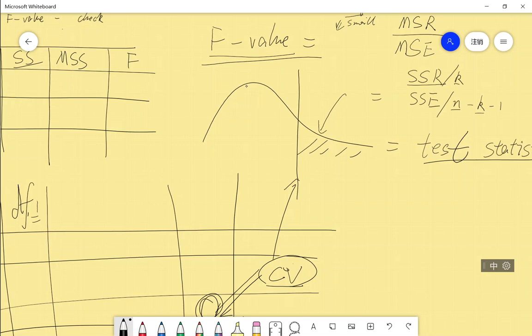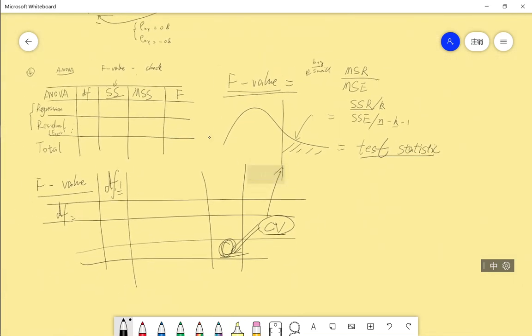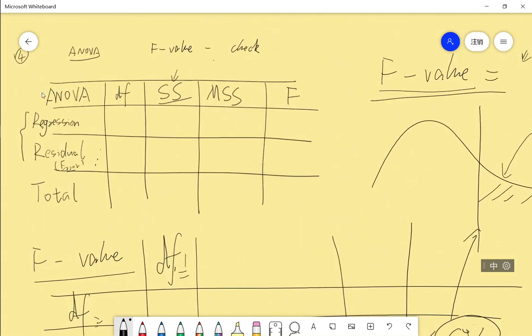It's just like the normal t-statistic, but here we use it as the significance of F, and this is a one-tailed test. You always need to keep that in mind. That's how we do the F value calculation, how to do the test statistics, how to find the critical value, and how to make your judgment call, and we find all that information from an ANOVA table.